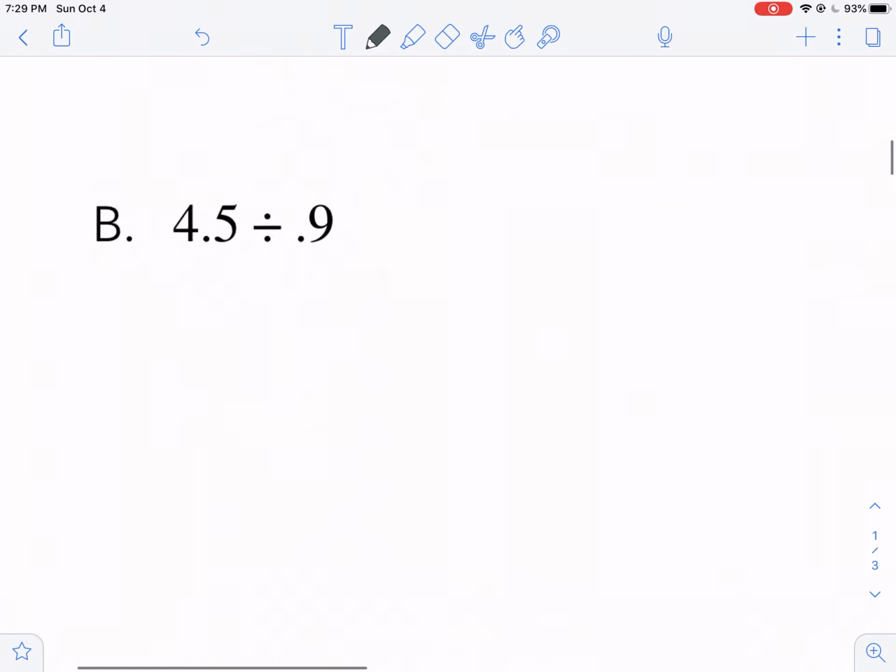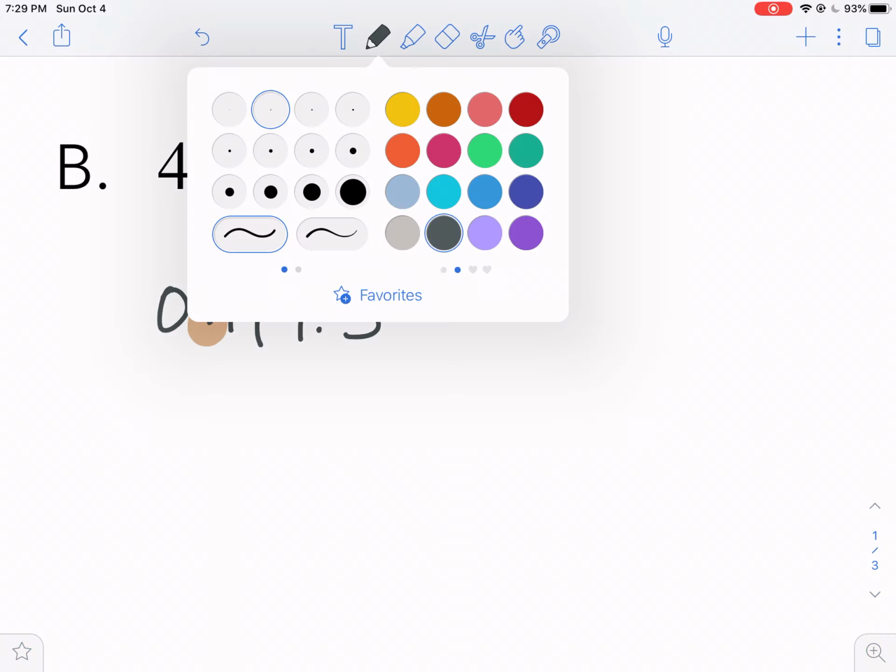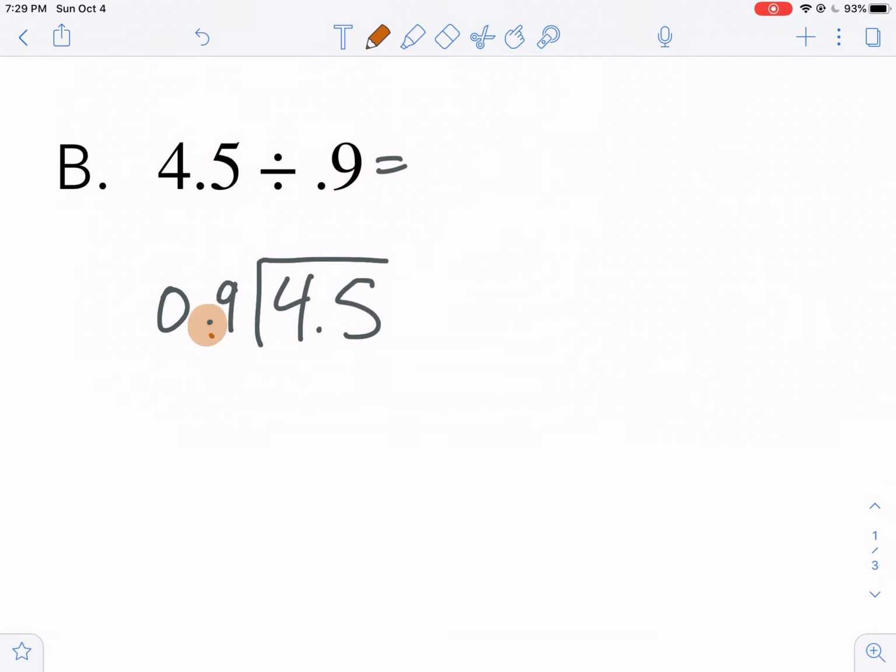Now in B, we'll do the same kind of thing. This is going to be positive because both numbers are positive. So we have 4.5 divided by 0.9. Because we have a decimal point here, we need to move the decimal point over 1 so that we can do our dividing. So we're going to move it to the right 1.